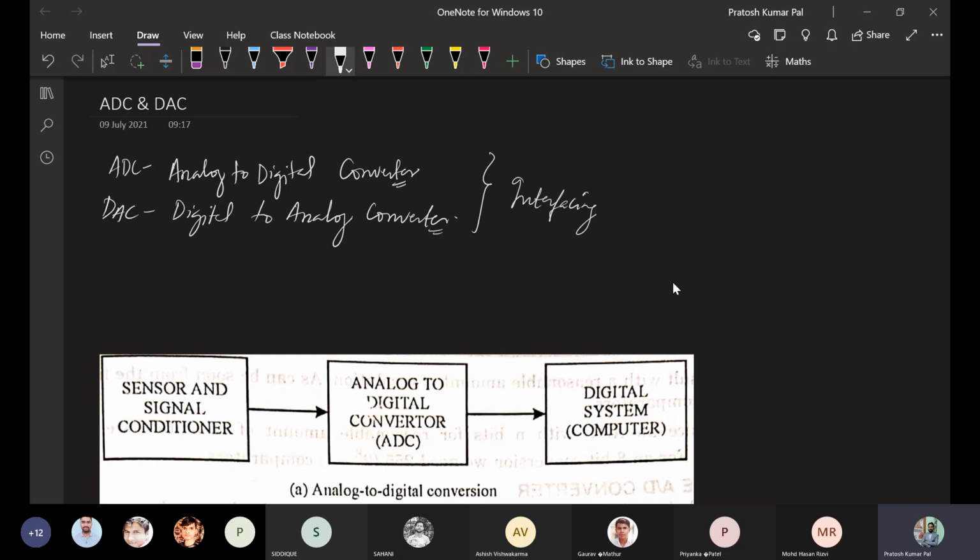The processing will be in terms of digital signals, but at the output the signals would be in terms of analog. If we are having a mic, the variation in pressure will be analog.